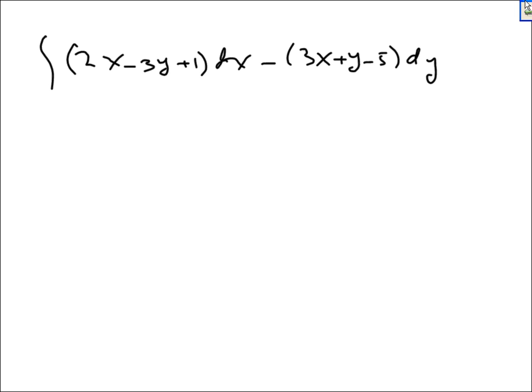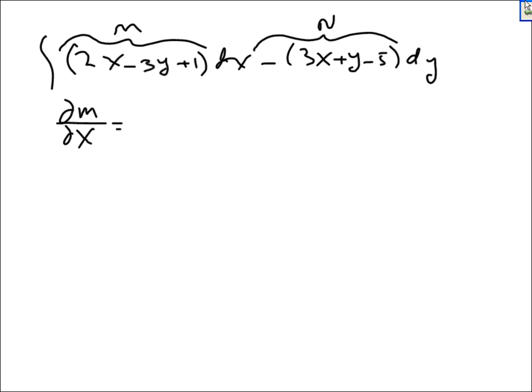Suppose you have (2x minus 3y plus 1) dx minus (3x plus y minus 5) dy. This is M, including the negative sign, that's N. So the partial of M with respect to x: this is a constant, the derivative is 0.